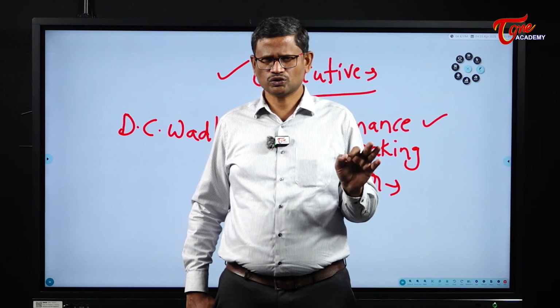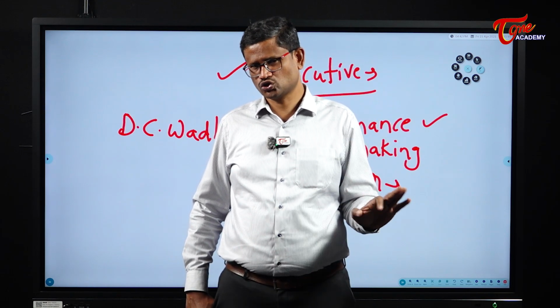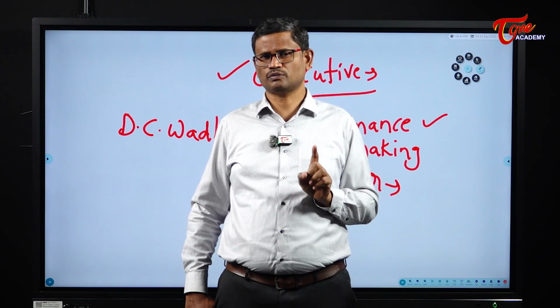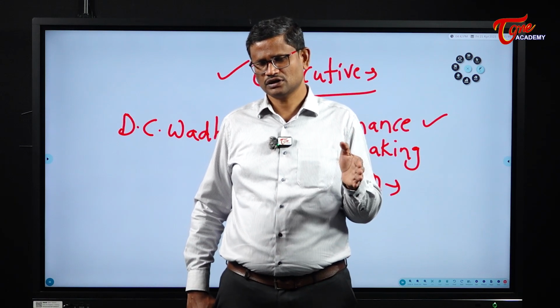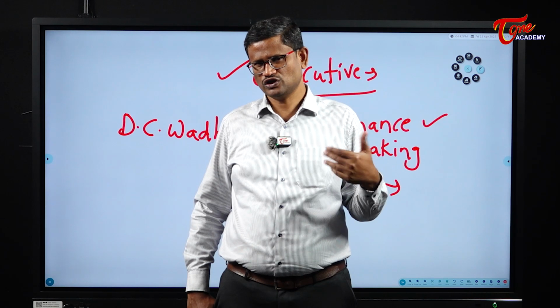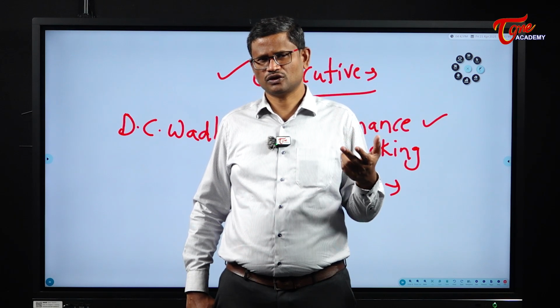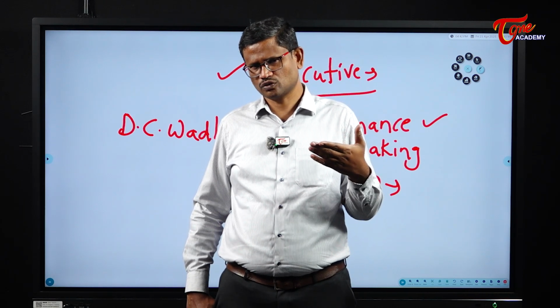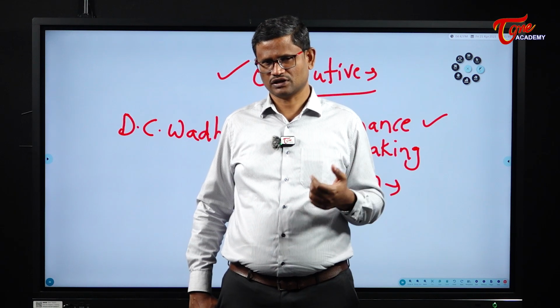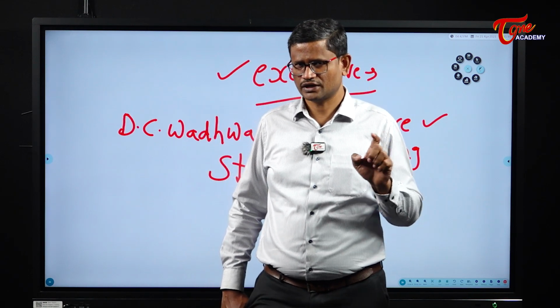So to keep the executive branch on its toes, to check the power of the executive branch to issue ordinances and to prevent abuse of this power, the Supreme Court has laid down a number of guidelines both in Krishna Kumar Singh as well as DC Wadhwa case. That's about the executive powers of the Indian president.